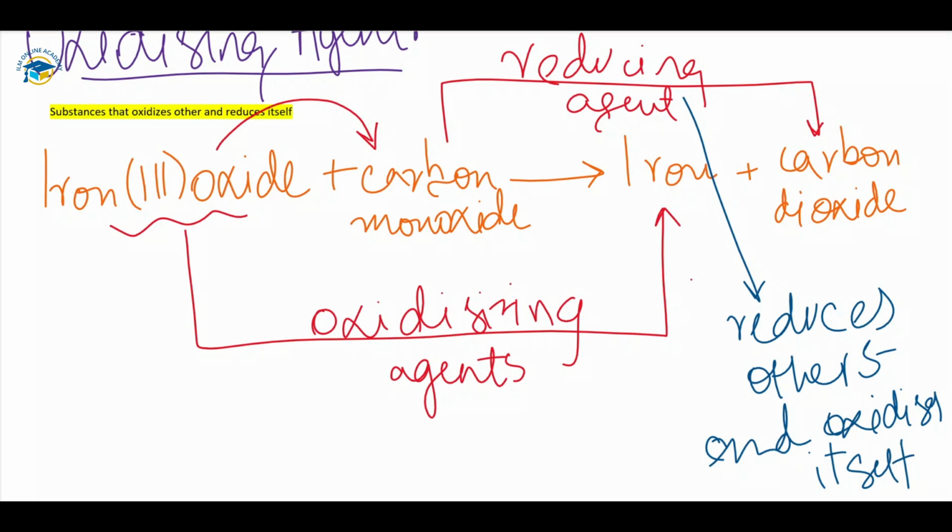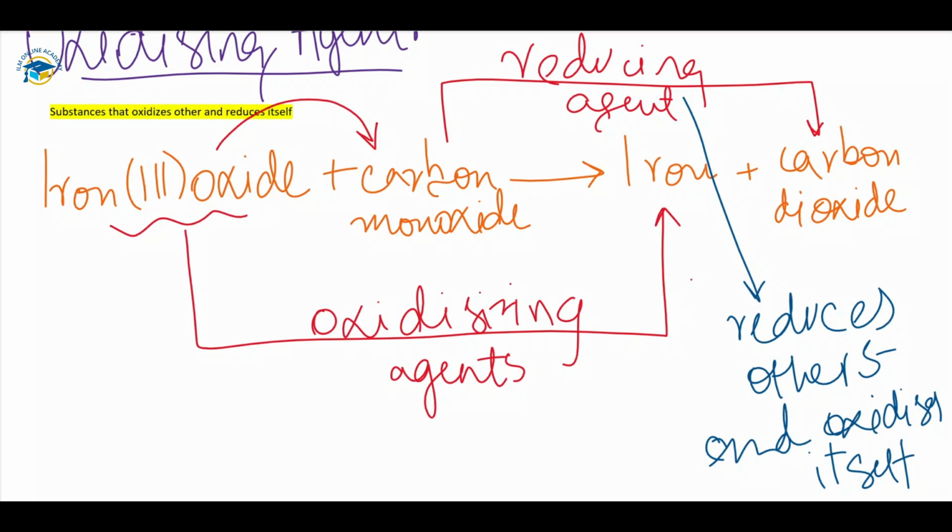In the process of acting as a reducing agent, the substance itself will be oxidized. The reducing agent will gain the oxygen as it removes it from the other compound, and the reverse is true for the oxidizing agent, which will itself be reduced during the chemical reaction. So this is about oxidizing agents and reducing agents.